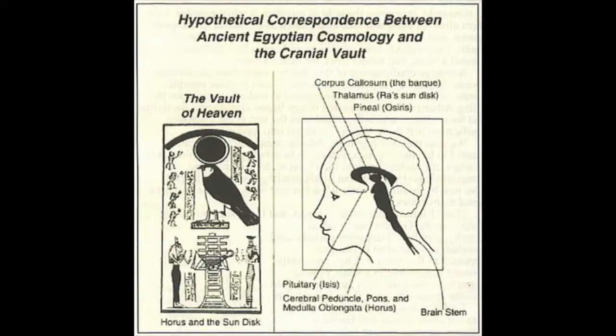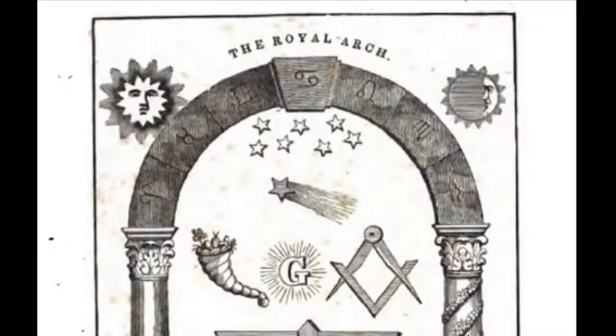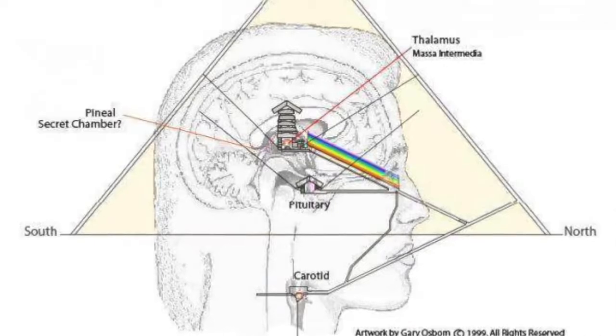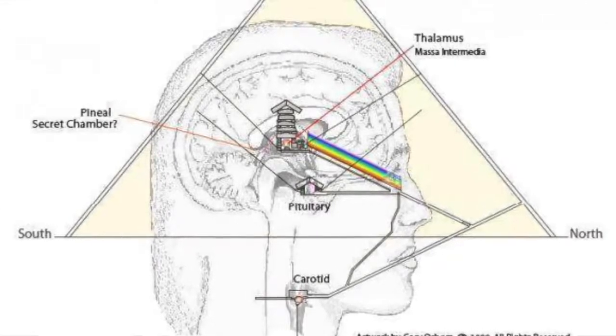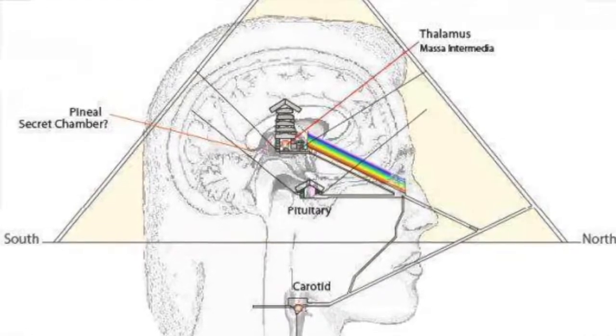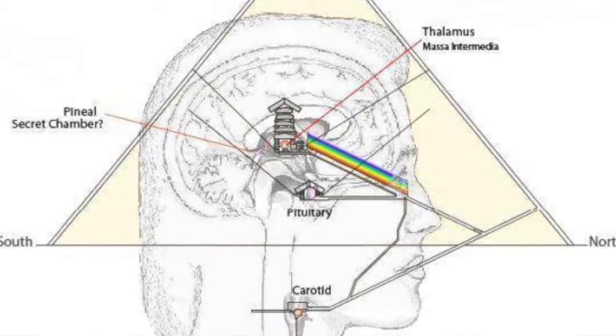And again, I mentioned that the fornix is called the fornix because it means an archway. And here we're looking at the Freemasonic Royal Arch. And later on in the video, I will tie this in as to why it's royal. Because here in just a minute, I'm going to point out to you why the innermost chamber of the brain, if you overlay the Great Pyramid on top of the brain, the King's and Queen's chamber of the Great Pyramid corresponds exactly to the innermost chamber of the human skull, which is the thalamus and the optic thalamus region where the pineal gland sits.